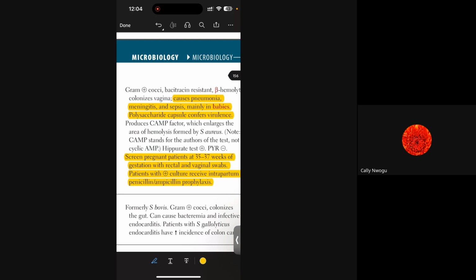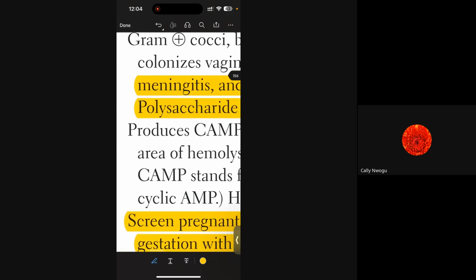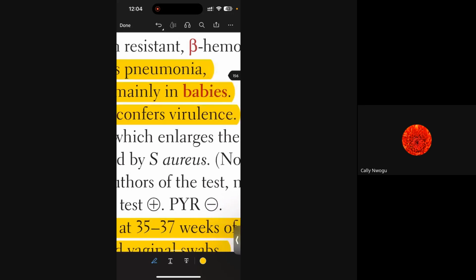The patient was born at home via spontaneous vaginal delivery, so did not receive any intrapartum prophylaxis for group B. That's why the patient develops this condition. The main virulence factor for group B is the polysaccharide capsule. It confers virulence.